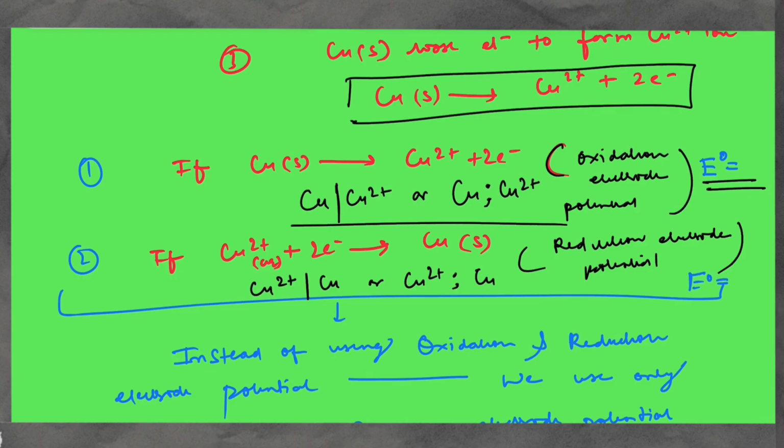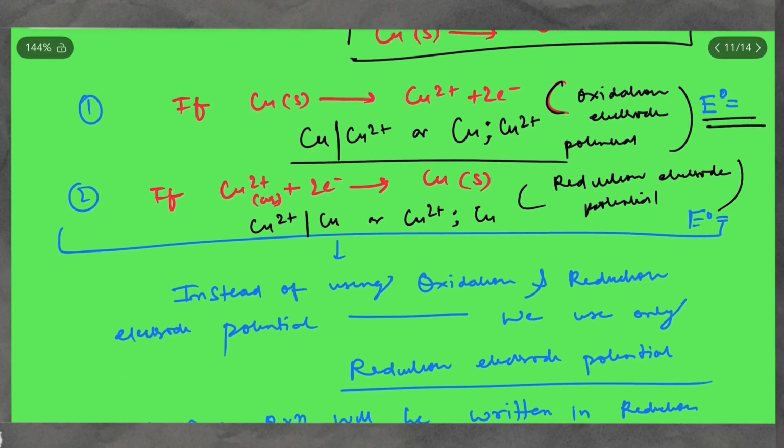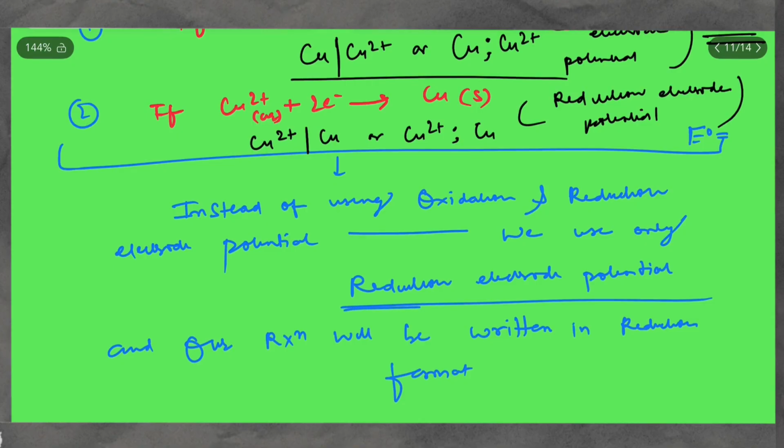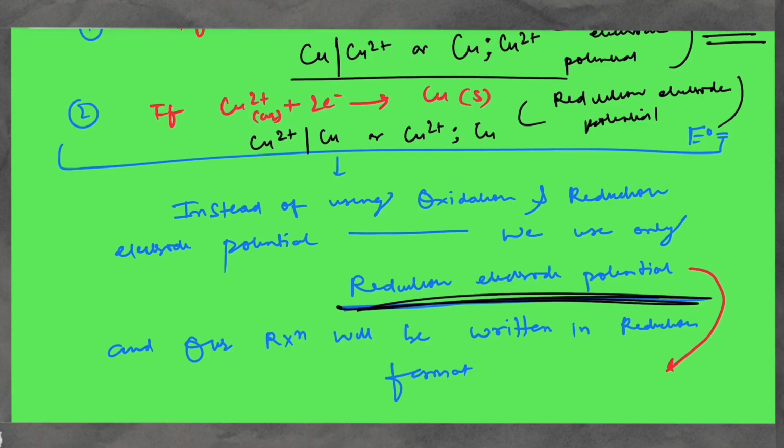So just because of the confusion about which one has to be taken, we have concluded by the latest sign convention that we will be using only the value of reduction electrode potential, and this reduction potential will be called simply electrode potential.